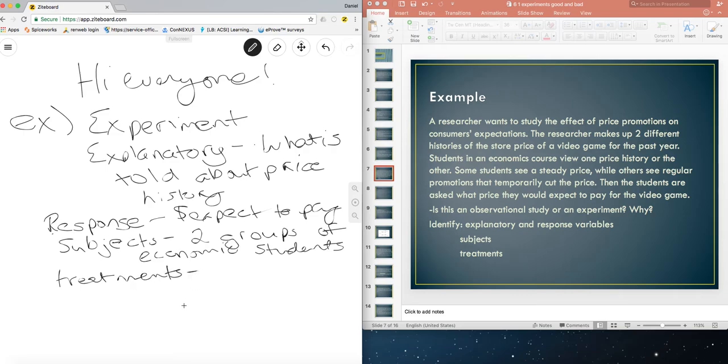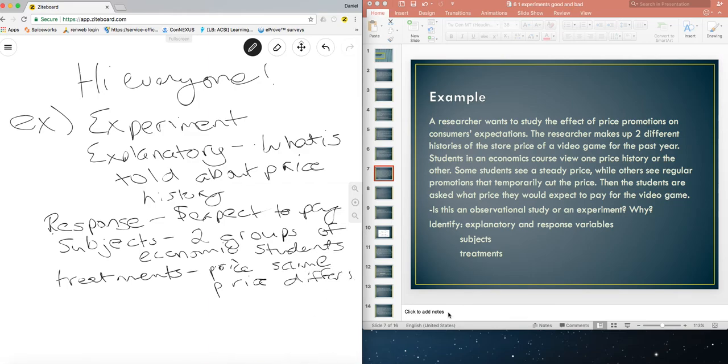Treatment one was that they were told the price history was basically the same, and treatment two was that the price variable is differing. So one treatment was price the same, and the other one is that the price differs.